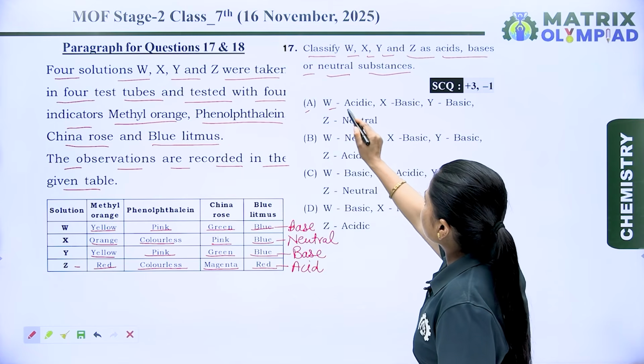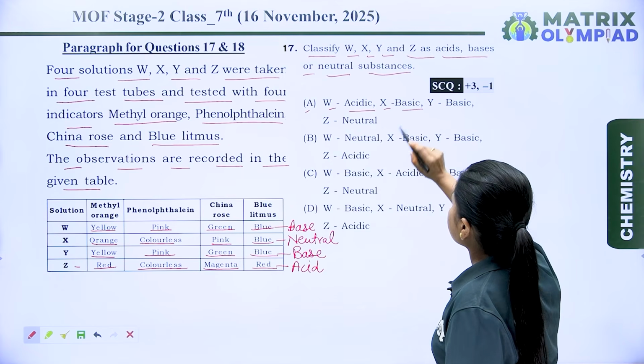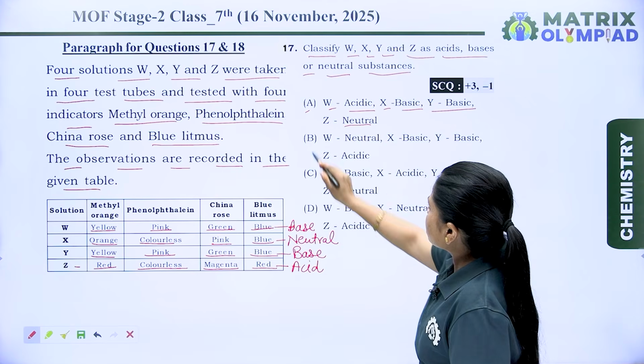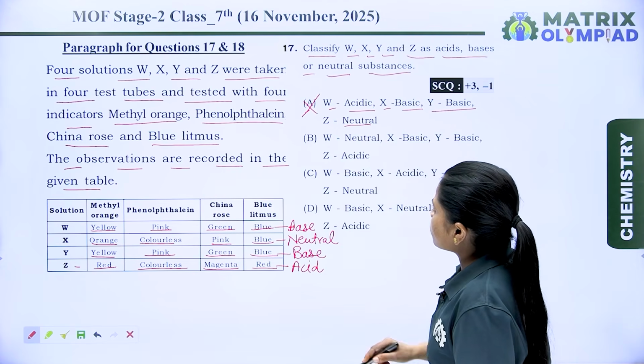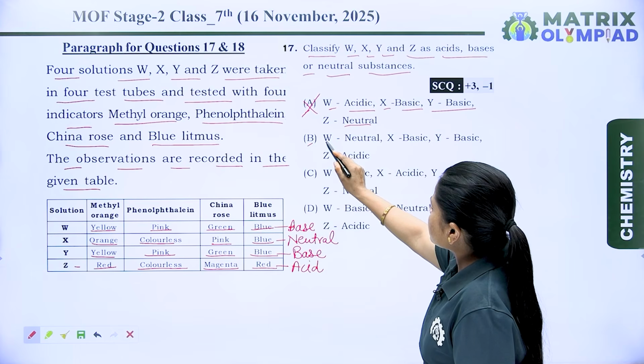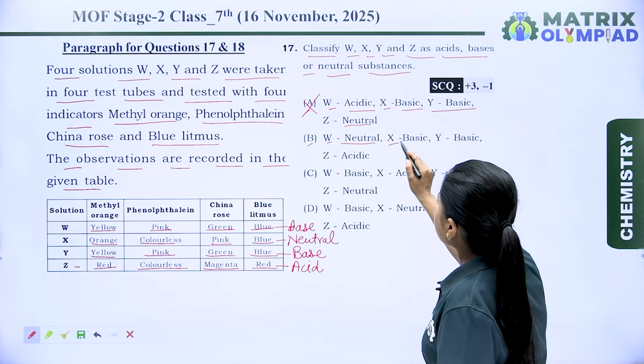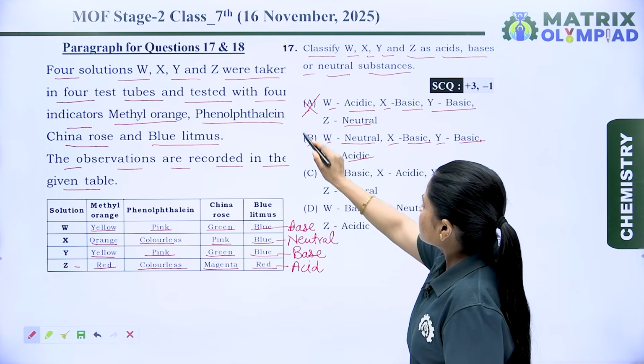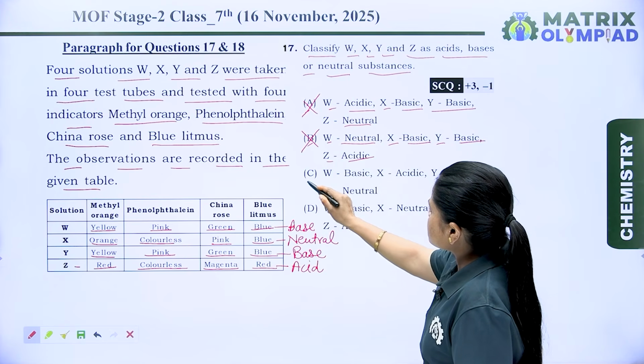A. W acidic, X basic, Y basic, Z neutral, so this is wrong. Option B, W neutral, X basic, Y basic, Z acidic, it is again wrong.